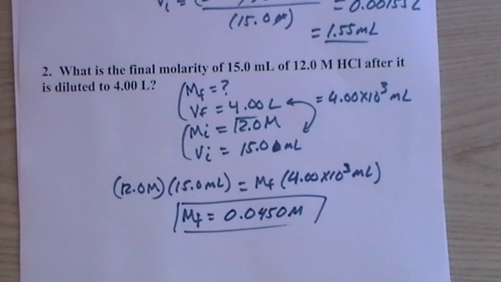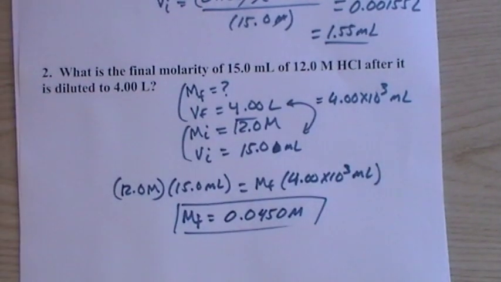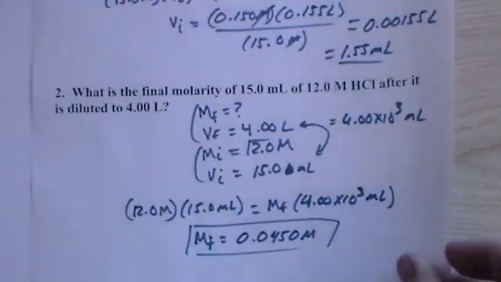It should be a very small number because we've diluted this thing by, let's see, 267 times. Since we diluted it by that much, it should really drop drastically. All right. I'm probably going to have to change this marker, I have kind of bleeding through, but let's finish out this lecture.